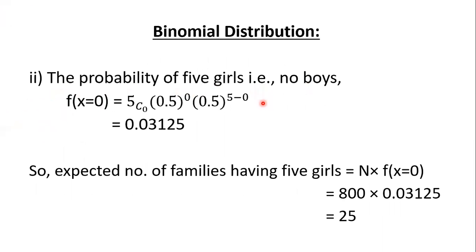So we can write f(0), that is 5C0 × (0.5)^0 × (0.5)^(5−0). Finally, we get the value 0.03125.